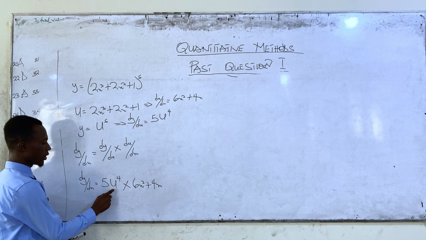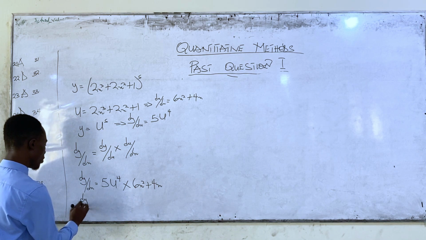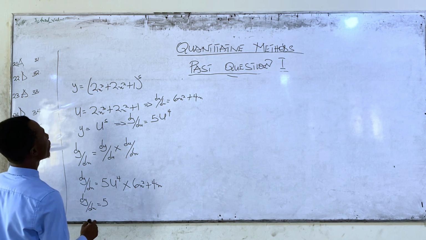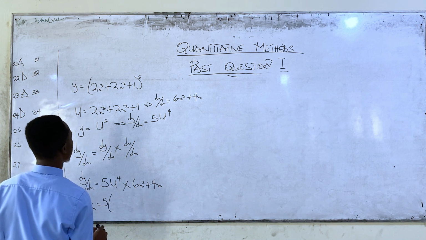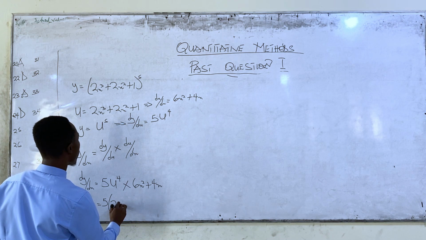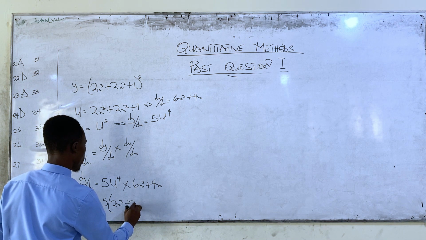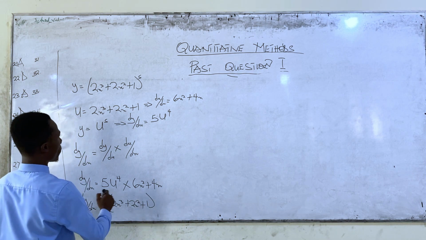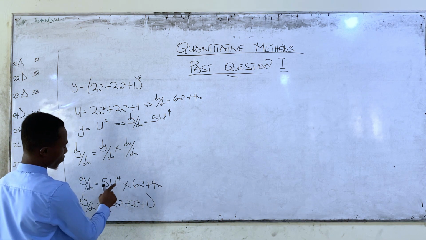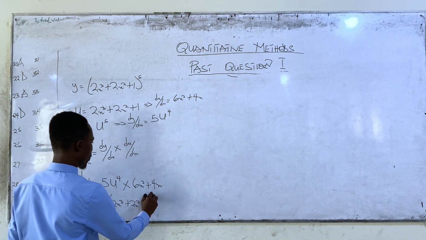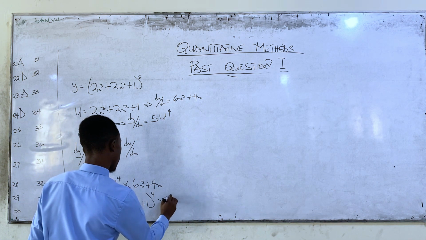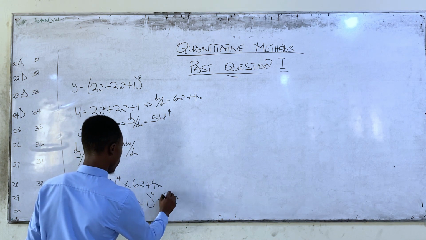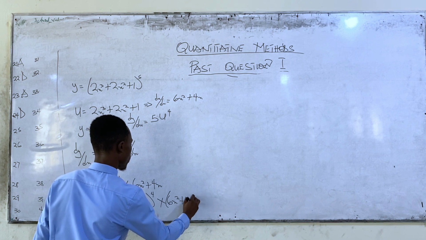So now you have to change it back. So dy dx will be equal to 5, then you bring the whole function here, which is 2x cubed plus 2x squared plus 1 exponent 4, because this is u. Then we multiply it by 6x squared plus 4x.